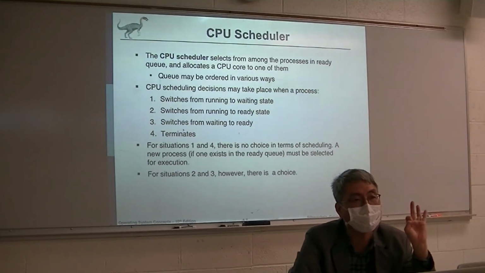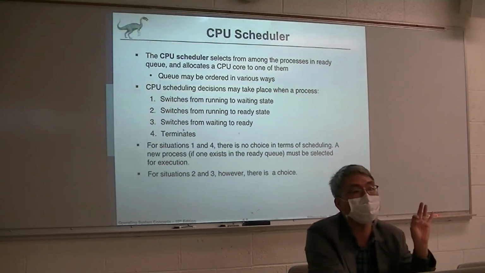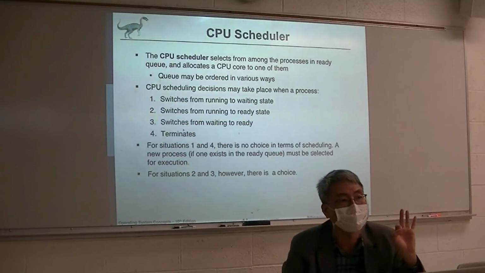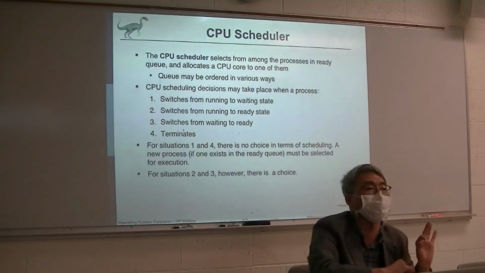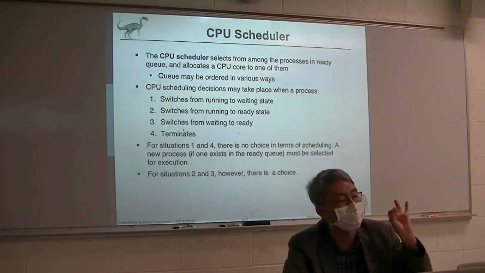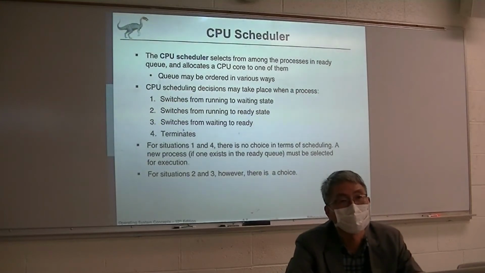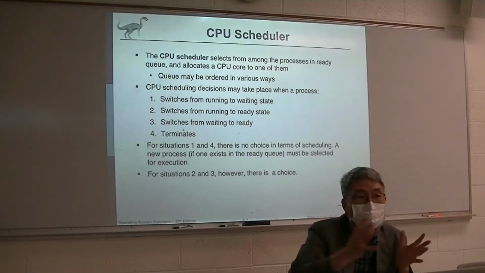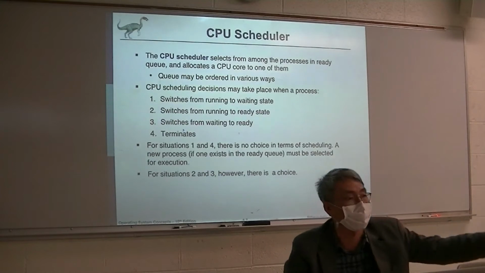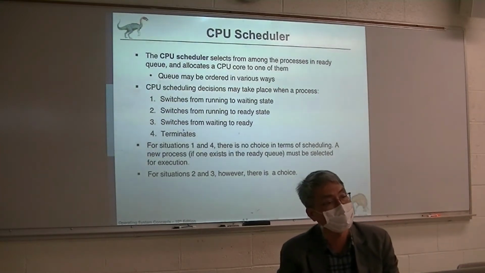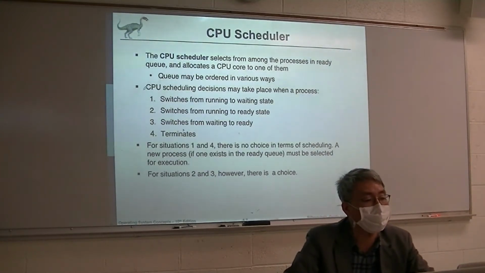Also, I/O wait: if there is a request to read the student file, we need to wait, so we take the next student. The third one: if the secretary brings the student file, we can also select the next student. So these are the cases of the flow: switch from running to waiting, running to ready, waiting to ready, and terminate.